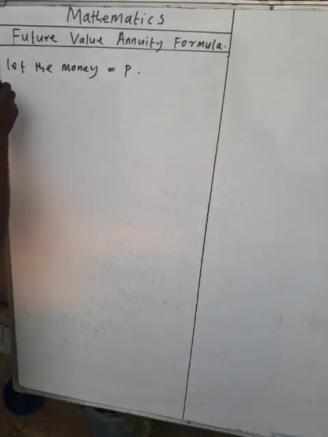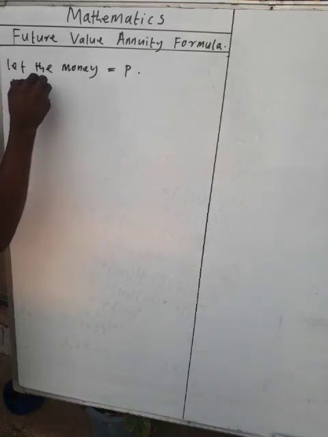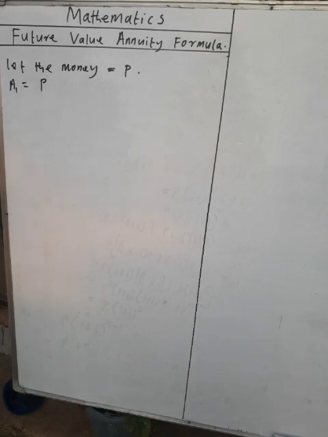So at the first month, after making payment P for the first month, let me represent the amount with A sub 1. Let the amount be P because you just made the payment, and you are paying this money at the end of every month.